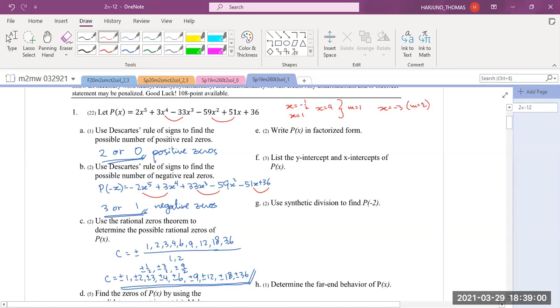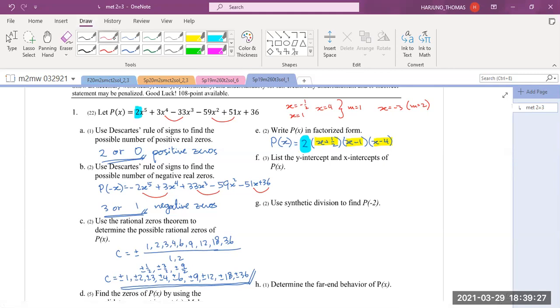Now the polynomial must always start with the leading coefficient, 2 times (x plus 1/2)(x minus 1)(x minus 4). Those are for all the multiplicity of 1, and this is from the leading coefficient. And then finally, (x plus 3) squared because of multiplicity of 2.